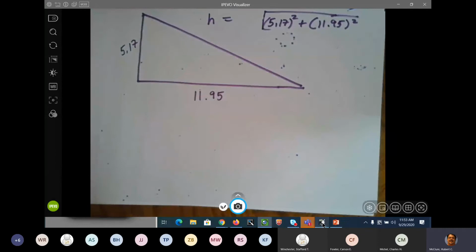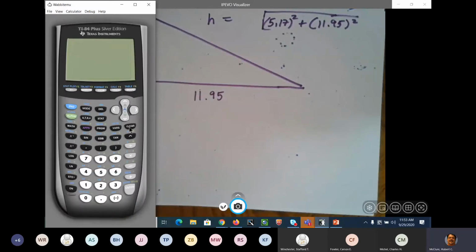So I'm going to go to my handy dandy calculator and I'm going to do the square root: second, turn it on, clear, second square root, parentheses, 5.17 raised to the second power plus 11.95 raised to the second power, close parentheses. I got 13.02.